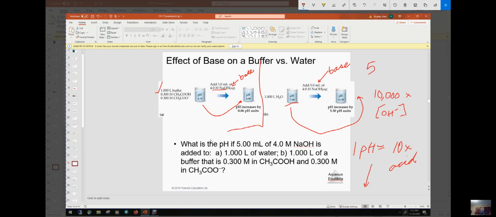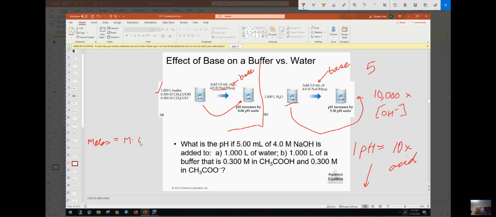Okay, so we're going to do the calculation here in a second. But last thing I want to show you from this slide is, this is not a mystery. How many moles of this are we going to need? So how do you get the number of moles? Moles of an added material, just like in Chem 1, is equal to the molarity of the solution that you're adding times its volume in liters.